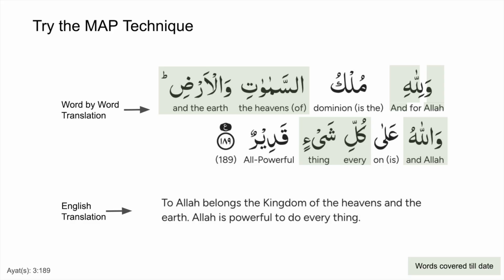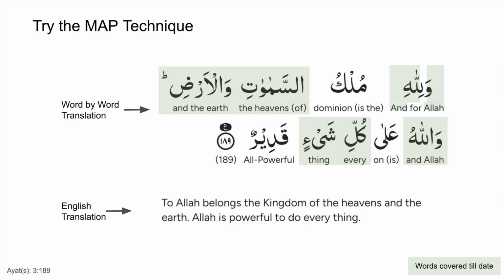Now try the map technique on this verse. Remember, the English translation at the bottom represents the final meaning, not a word-by-word structure. First, read the English translation and understand the overall message. Click pause now if you need time. Now look at the Arabic.